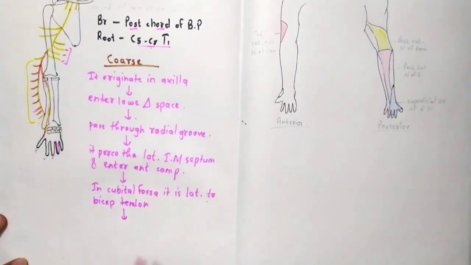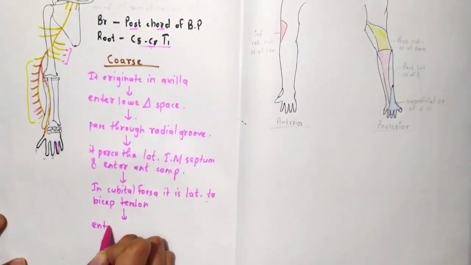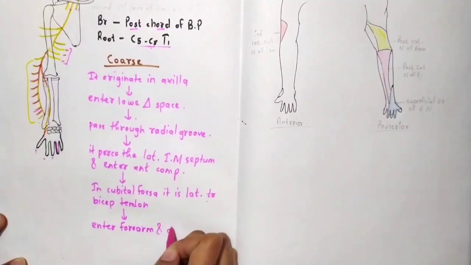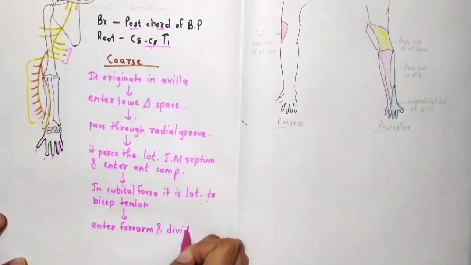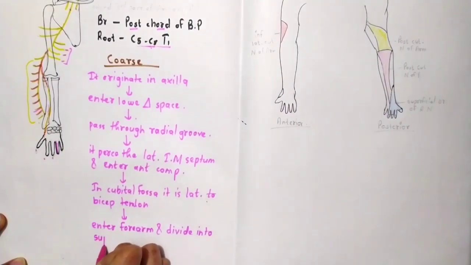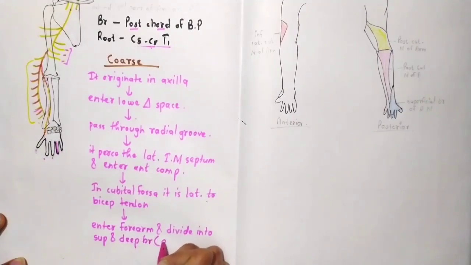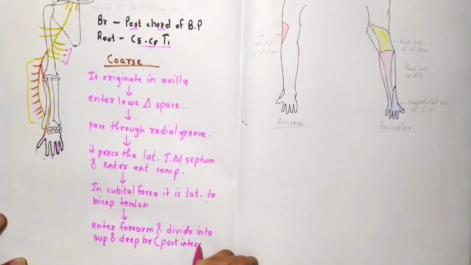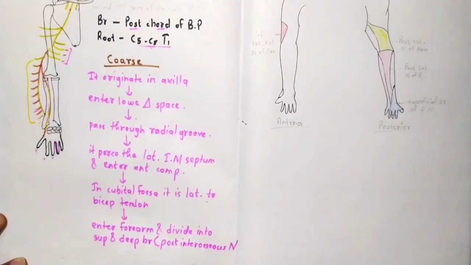And after that it will enter the forearm and divide into superficial and deep branches, and the deep branch is also known as the posterior interosseous nerve.